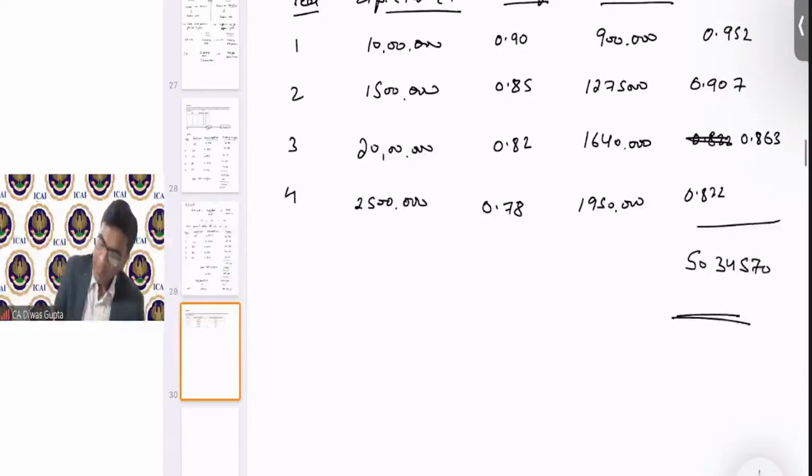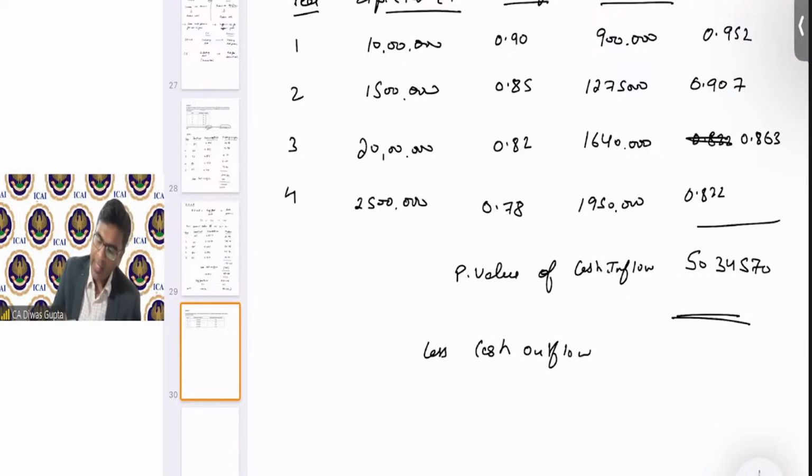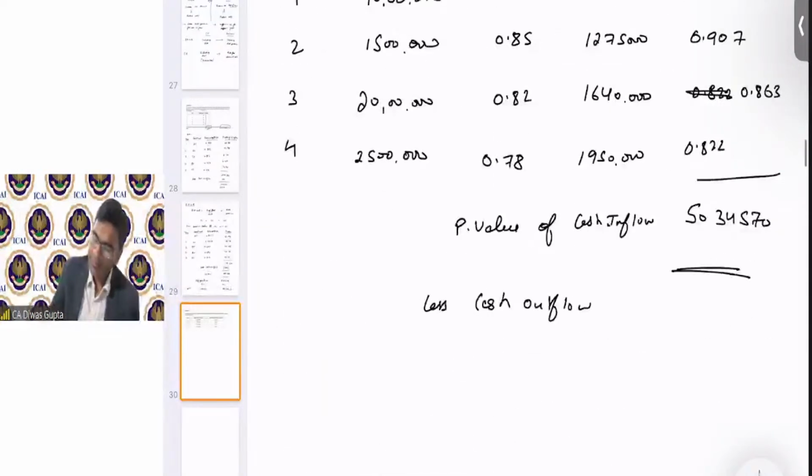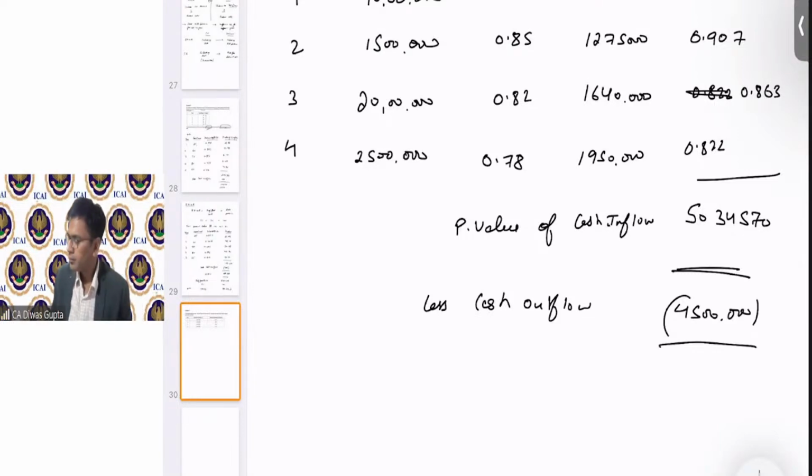This is the present value of cash inflows less the cash outflow. What is the cash outflow? 45 lakhs. This comes as 5,34,570.